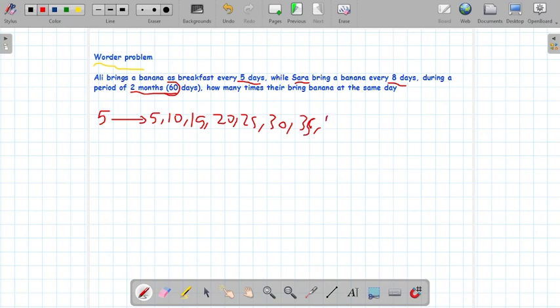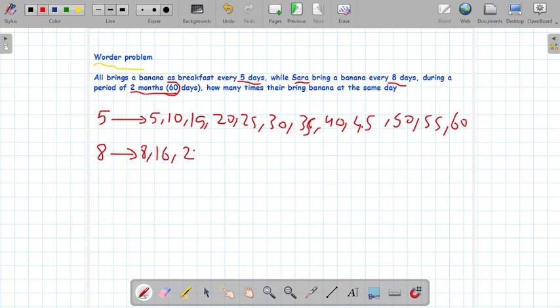So this is 35, 40, 45, 50, 55, and 60. Now for Sarah, it's a similar routine. She does that every 8 days. So she brings the banana every 8 days, and then she will bring it at day 16.